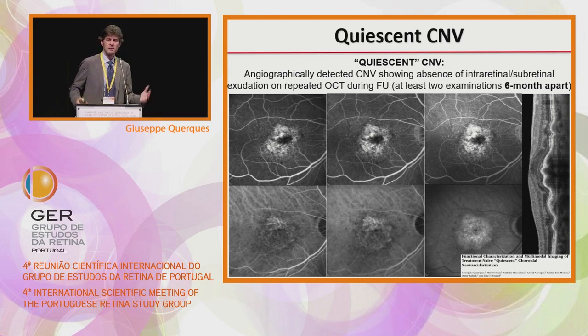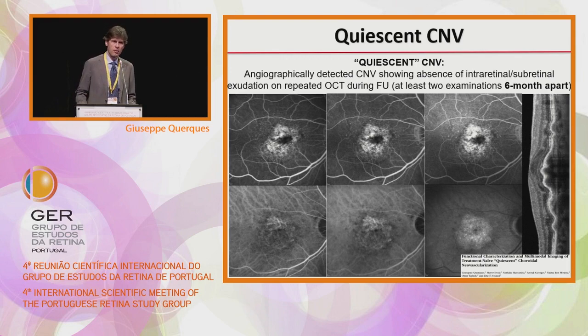And this type of neovascularization was characterized on cross-sectional structural OCT by absence of exudation in the retina and subretinal space. But at the same time, it was well visible: this flat, irregular RPE elevation with a highly hyperreflective lesion stuck on the back surface of the RPE.